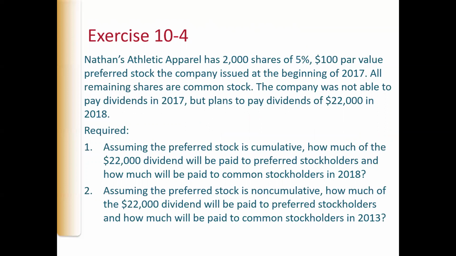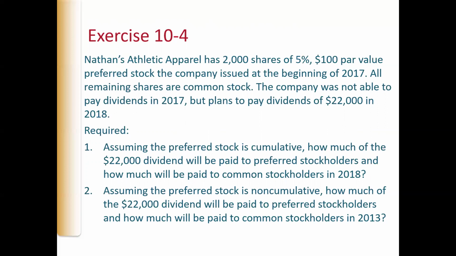Okay, so here's the first exercise we have. Nathan's Athletic Apparel has 2,000 shares of 5%, $100 par value preferred stock. The company issued at the beginning of 2017. All remaining shares are common stock.